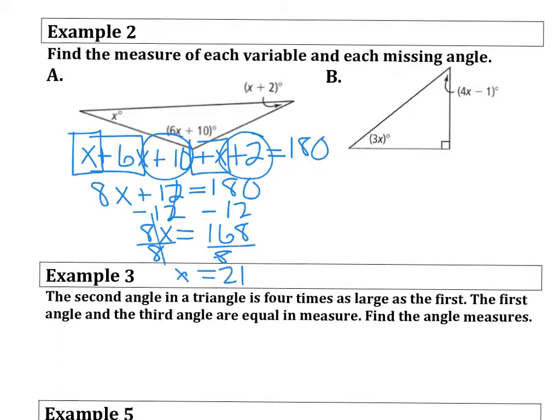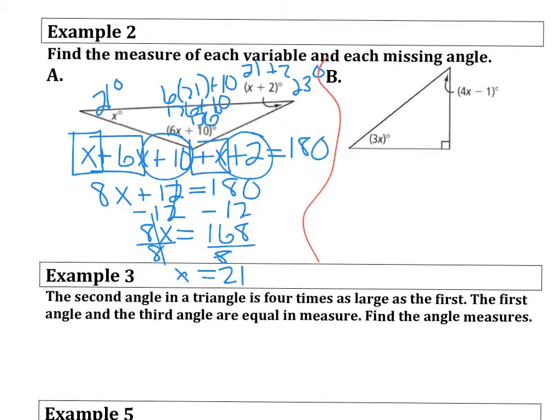So now I can go back and find each angle. So this one is obviously 21 degrees. For this one I would plug 21 in for x, and I would get 23 degrees. And then for this one, I would do 6 times 21 plus 10, which is going to give me 126 plus 10, which is 136 degrees.